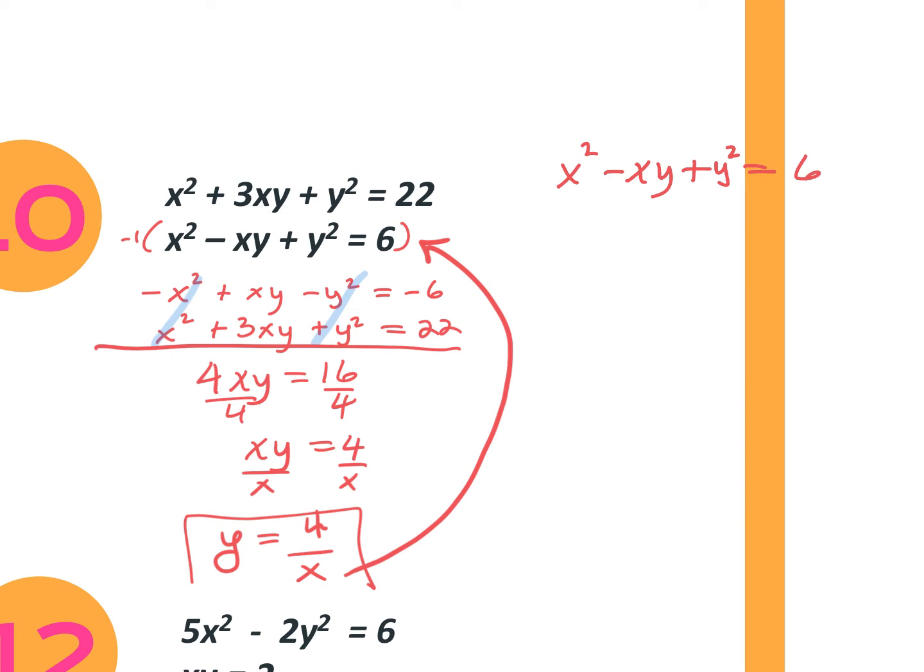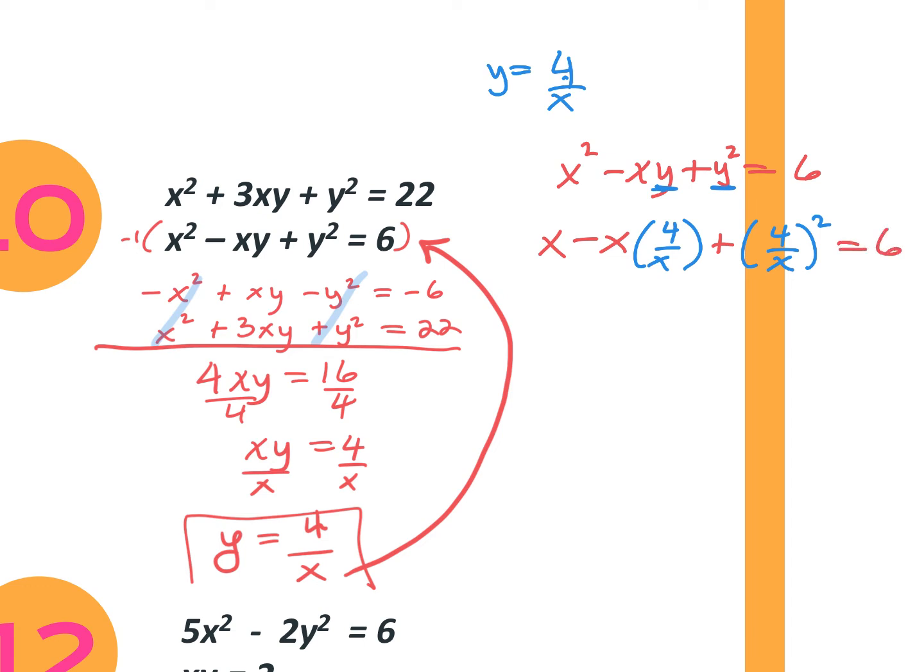So I'm going to substitute what y equals. I'm taking out y here and here, and I'm putting what y equals, which is 4 over x. So minus x times 4 over x plus 4 over x squared equals 6.